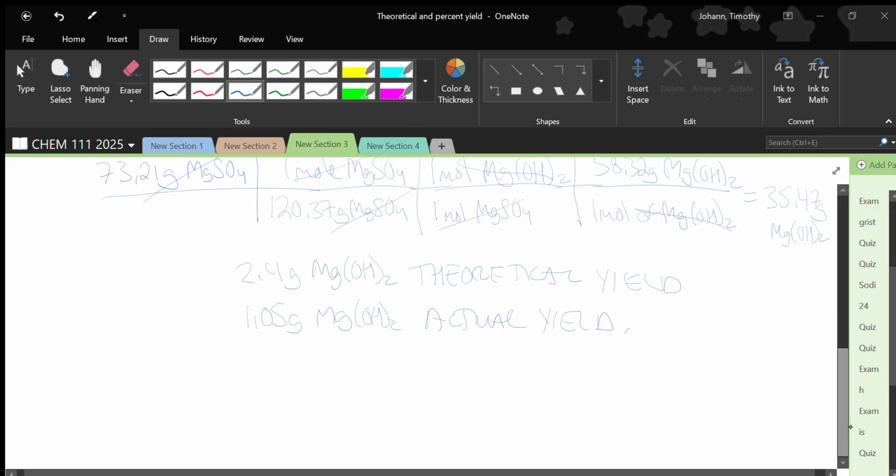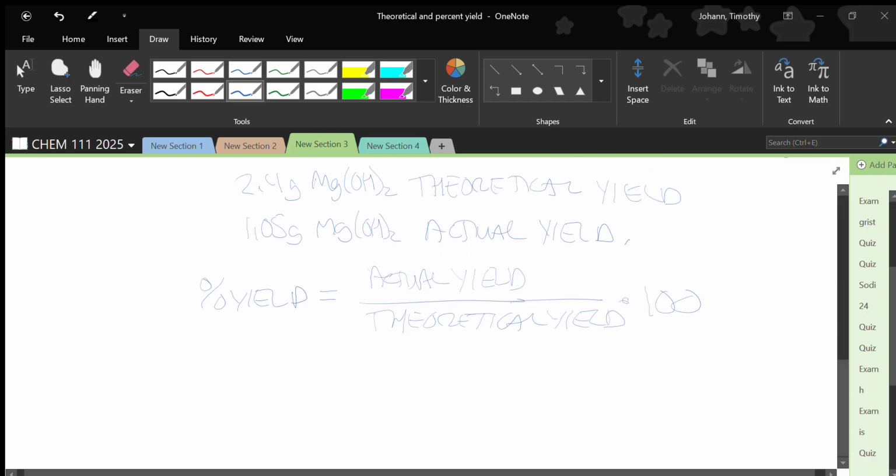And if you remember from up above, our percent yield equation is going to be equal to actual yield over theoretical yield times 100.